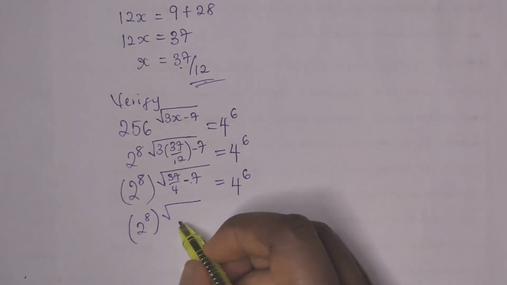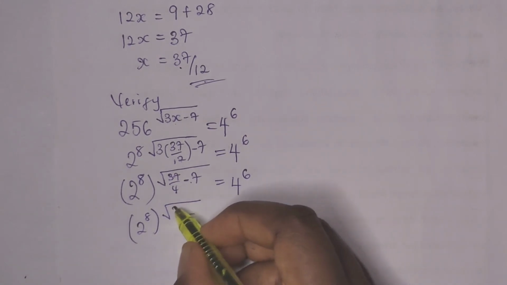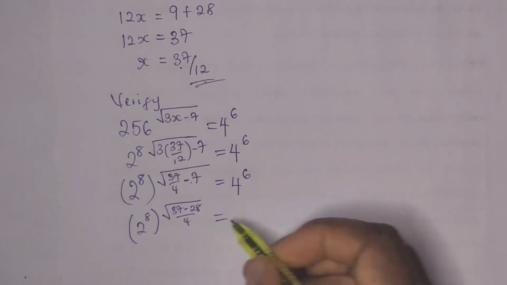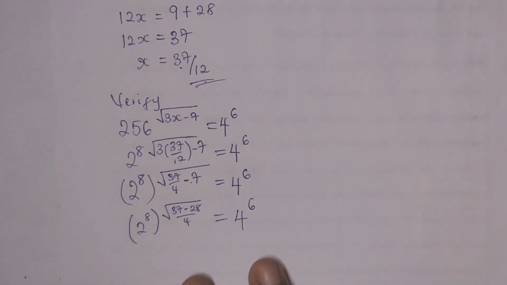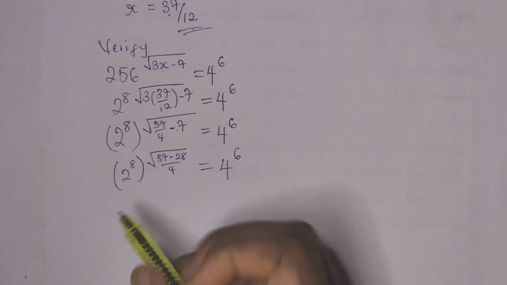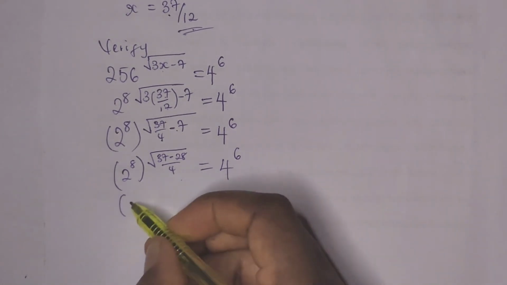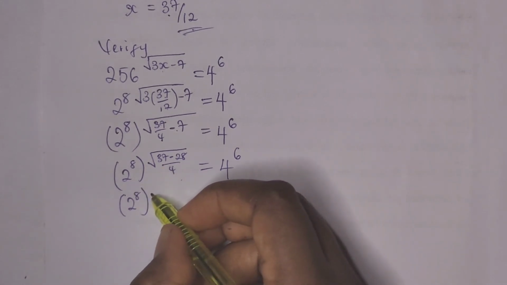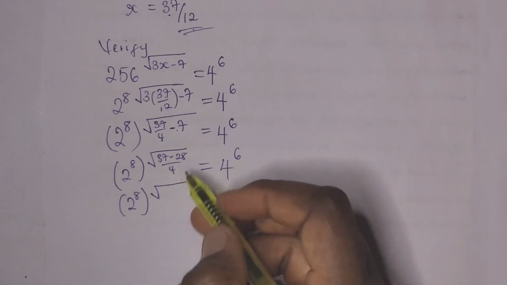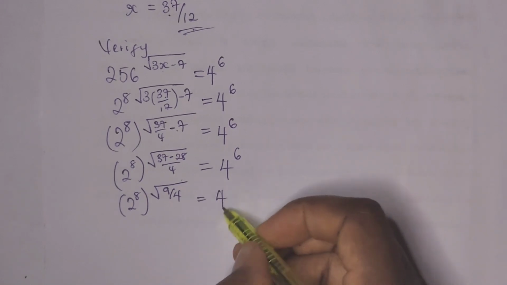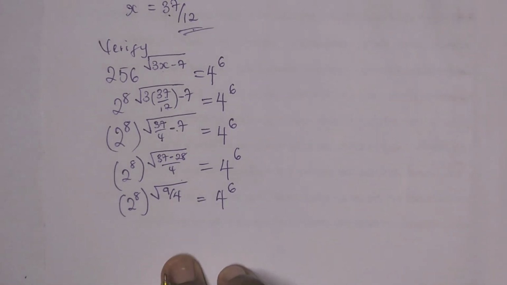This should be 4, 37 minus 28, which is equal to 4 to the power of 6. So resolving this, we have 2 to the power of 8 root 37 minus 28 is 9 over 4 equal to 4 to the power of 6.